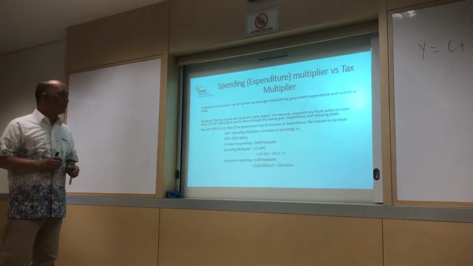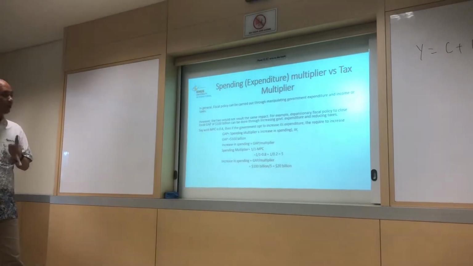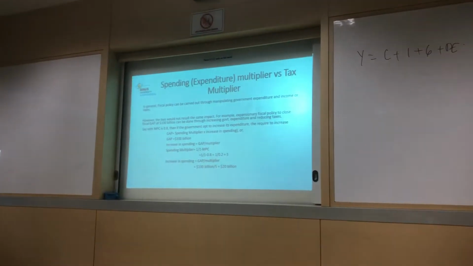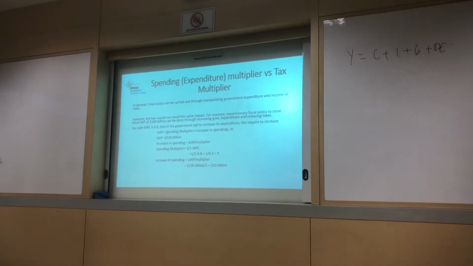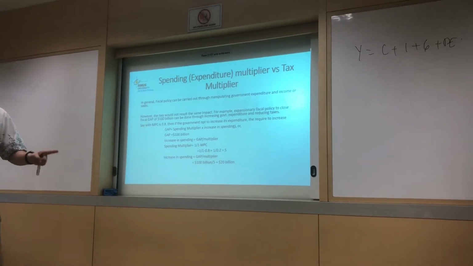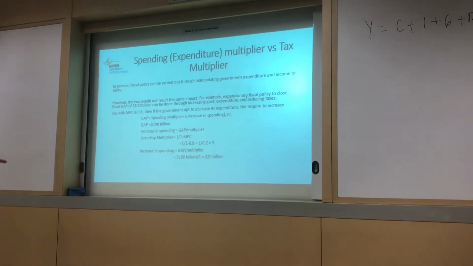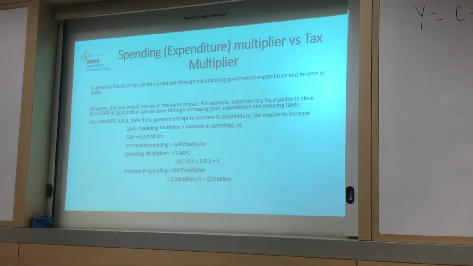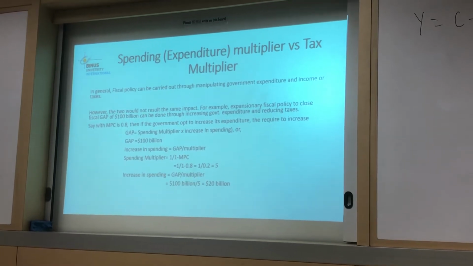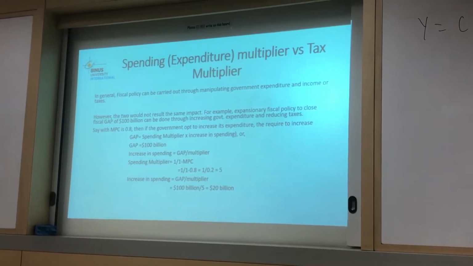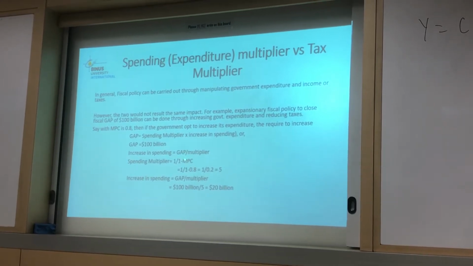For example, expansionary fiscal policy to close a fiscal gap, say an example of 100 billion, can be done through increasing government expenditure or reducing tax. Say, for example, first is the expenditure. Instead of opting to reduce tax, the government increases government expenditure. With a gap of 100 billion and MPC of 0.8, we know the increase in spending must be gap divided by multiplier.